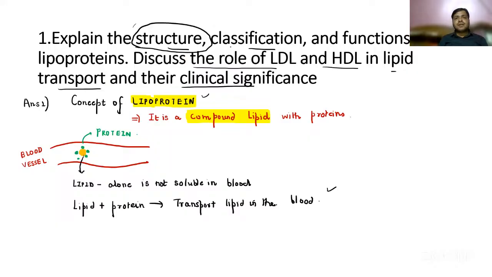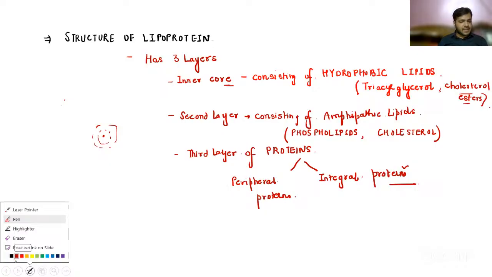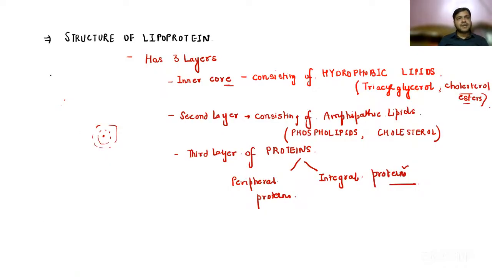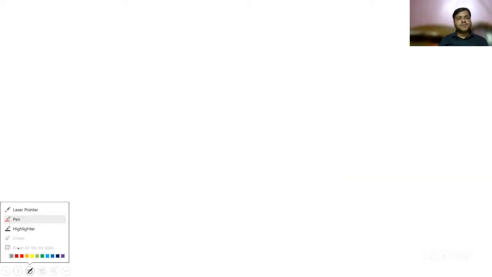Now they have asked the classification of lipoproteins. Now we have different lipoproteins, guys. Let us try to make notes of it. The different lipoproteins, Vikas, you have already mentioned one.